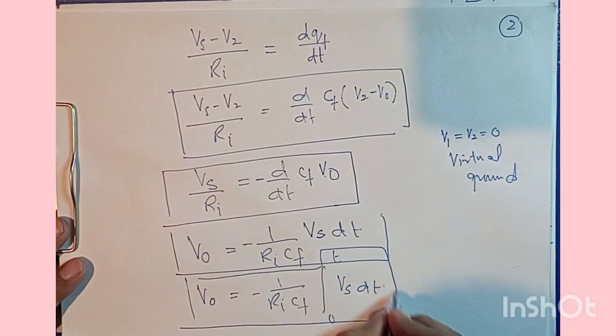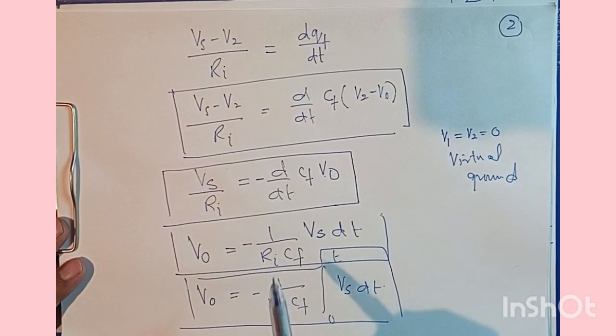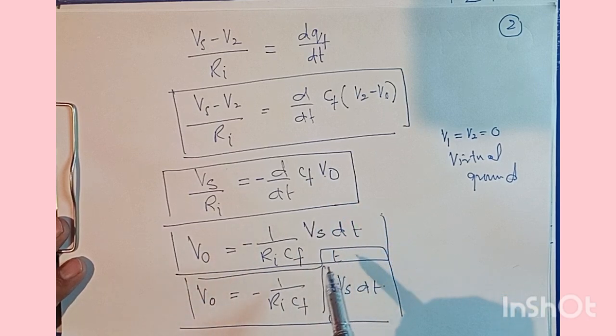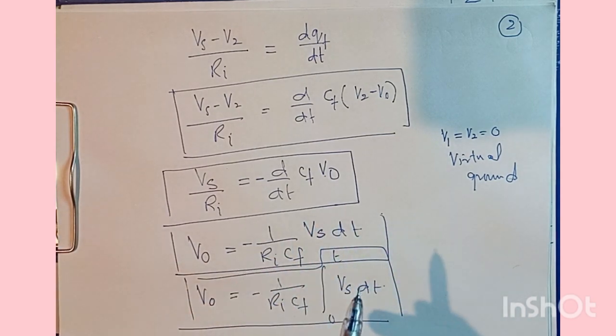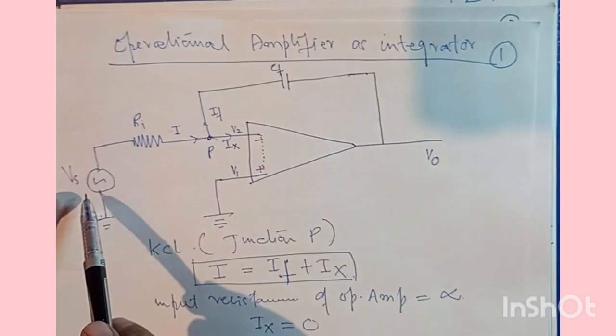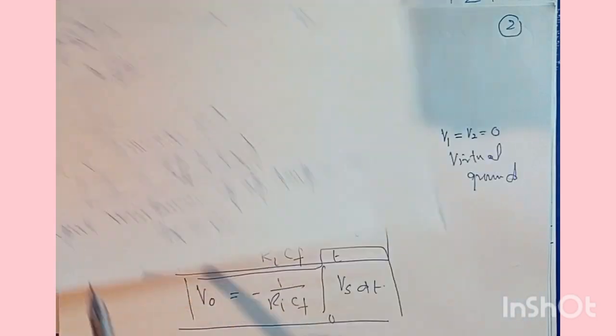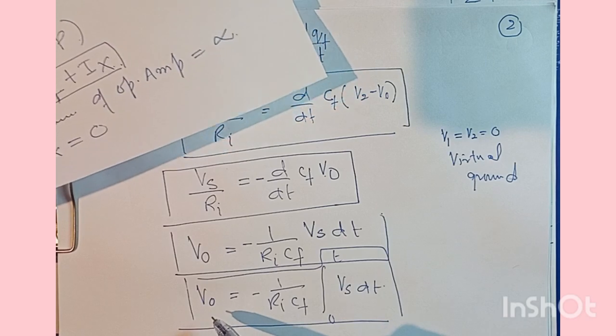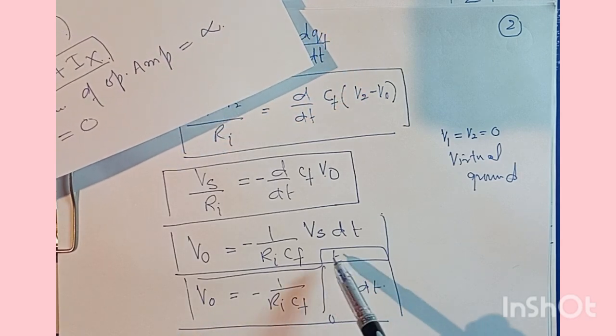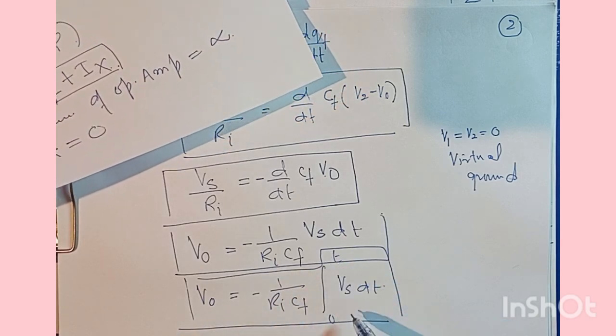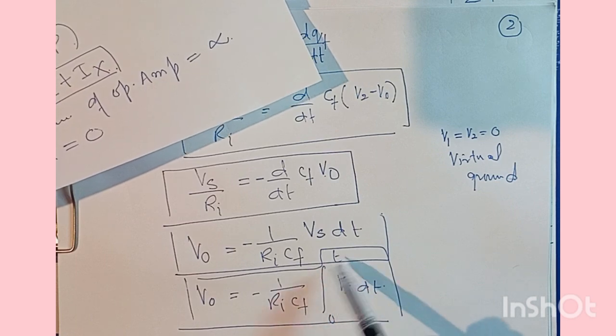So here things are clear that using an operational amplifier, we have been in a position to integrate this signal, that is Vs, and Vs was the input that was given to this operational amplifier. So what is V out? Basically, V out is the integration of Vs over the time t.